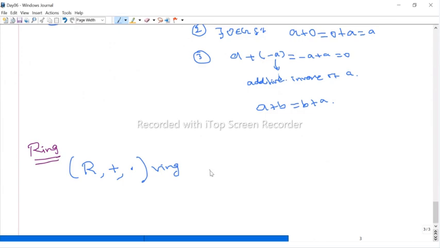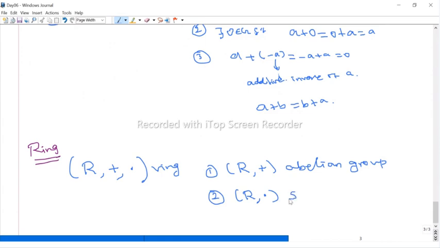Then we require some properties. With respect to addition, the set forms an abelian group. With respect to multiplication, the set R forms a semigroup. Semigroup means it satisfies only the associative property.